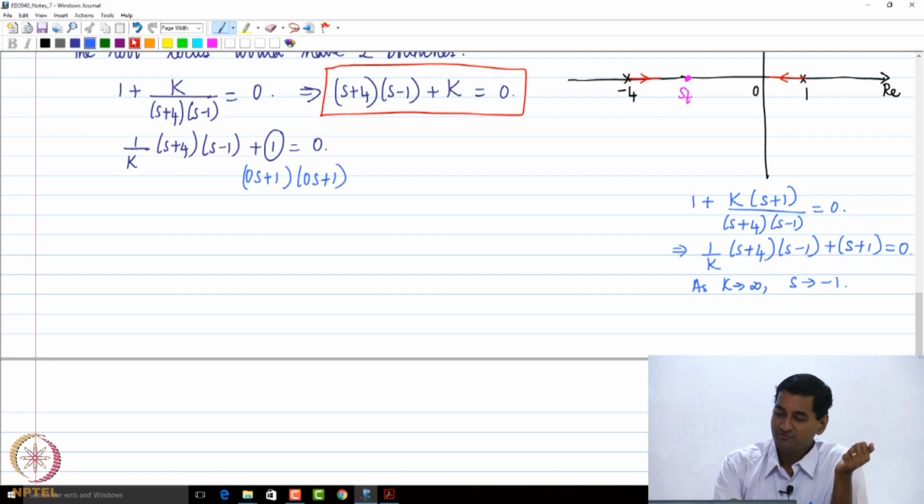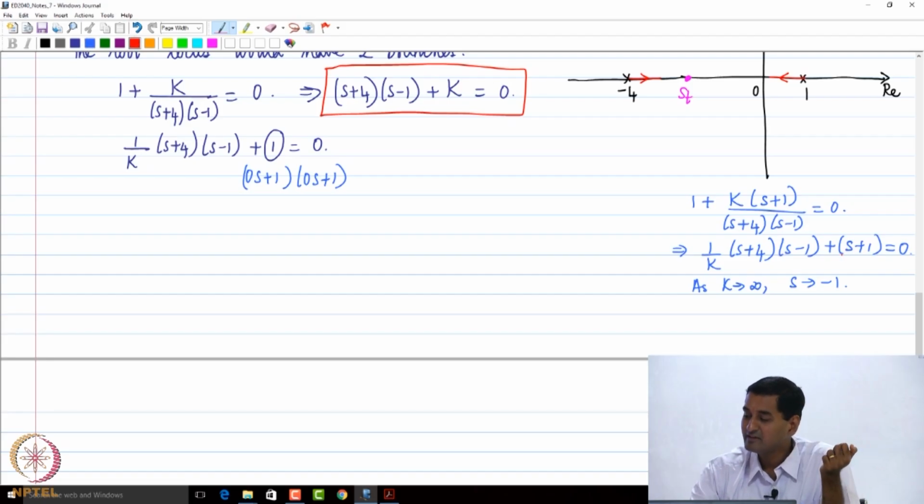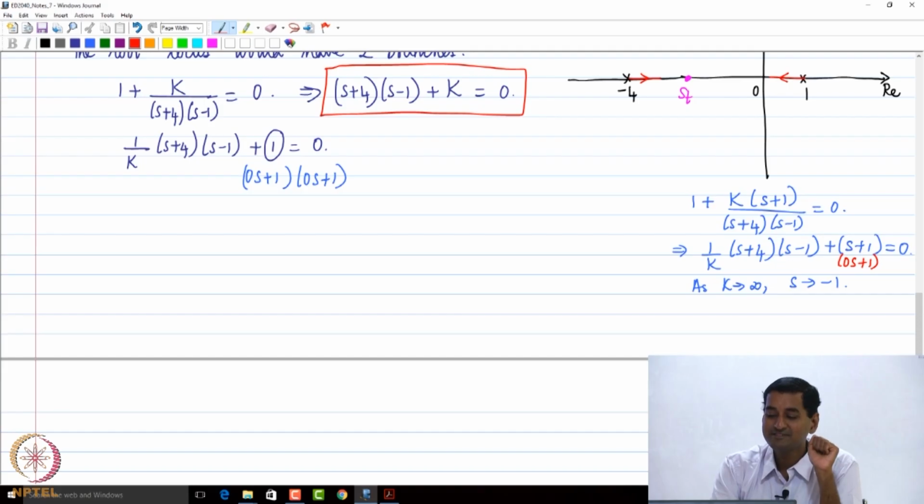The way people demonstrate it, without going through the proof, is that let's say we multiply this with 0 s plus 1. The product remains the same. It's as if you make the number of terms equal, and you see that s tending to infinity is another root. That's what happens here, right? Because what I did was replace this 1 with 0 s plus 1 and 0 s plus 1.